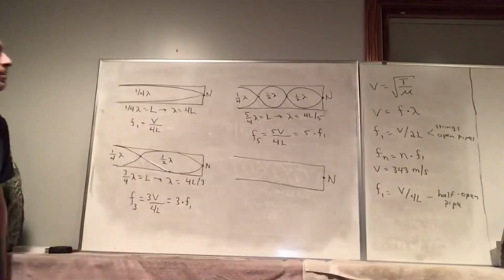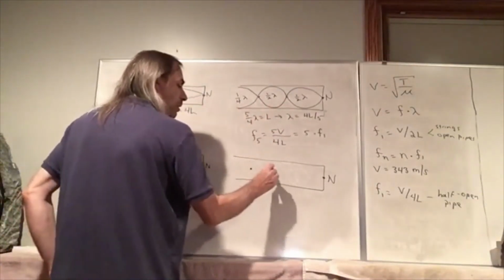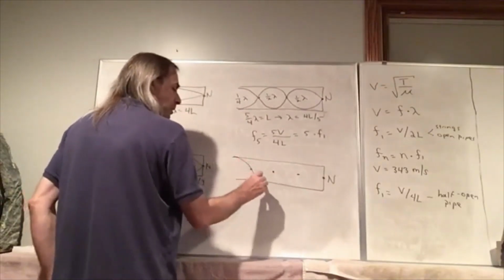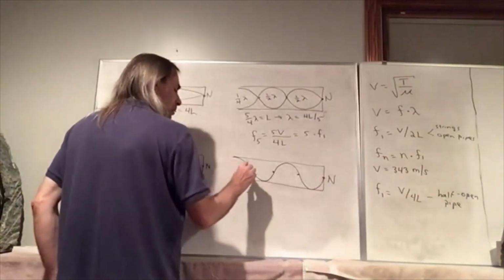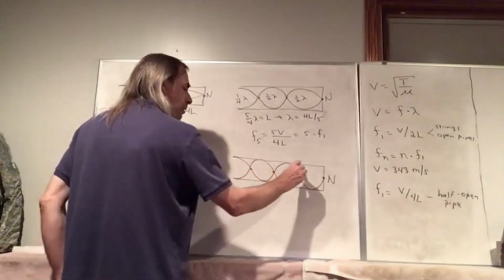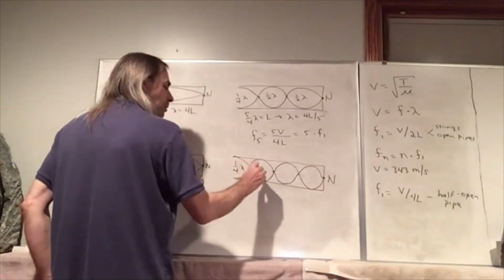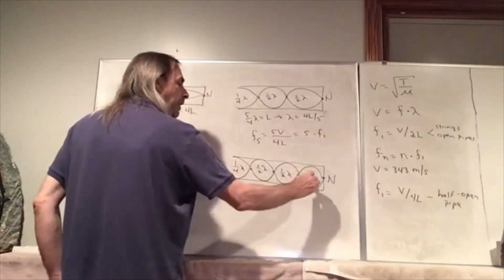7 times the fundamental. So we put 3 nodes in the middle. Antinode at the end. So here's a quarter, a half, half, and a half.